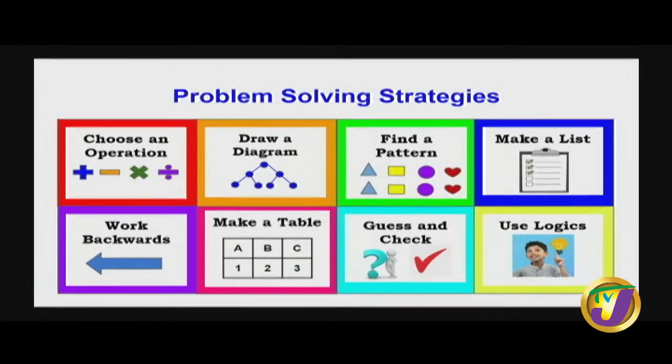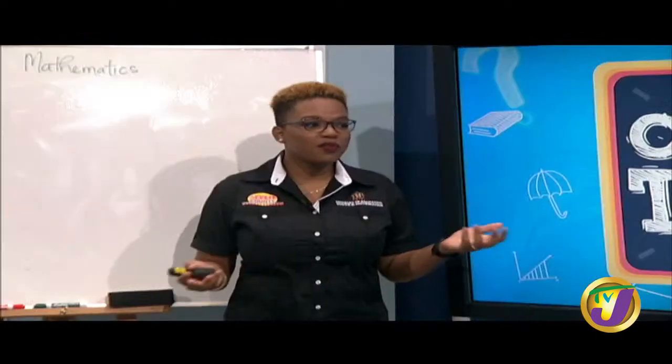You may have to work from the very last piece of information back to what the question requires of you. You might want to make a table. Guess, but don't just guess alone. You can guess, but you need to check. So it's guess coupled with check. And of course, use logic. It's maths, so guesswork alone is not the thing.